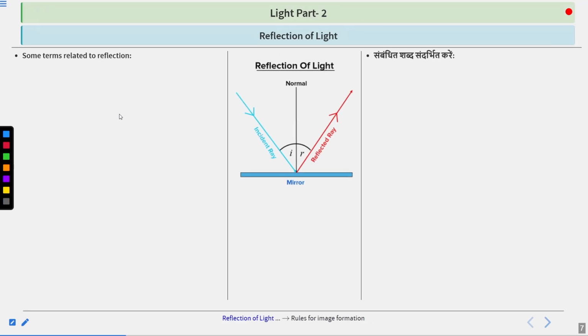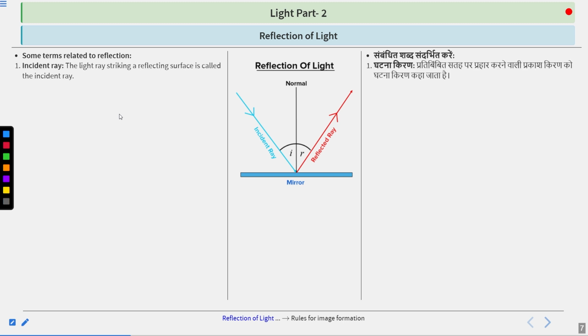Now what are some terms related to reflection? Let's have a look at them. The first term is the incident ray. So what do you mean by the incident ray? Let us understand this. The light ray striking a reflecting surface is called the incident ray. For example, this is the mirror. What is the work of the mirror over here? It is a reflecting surface.